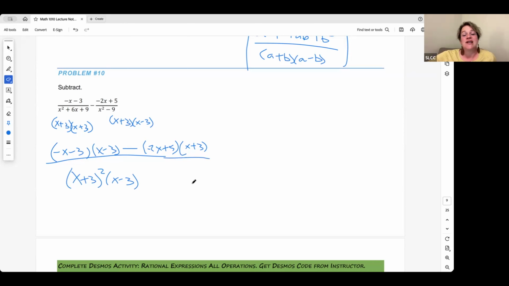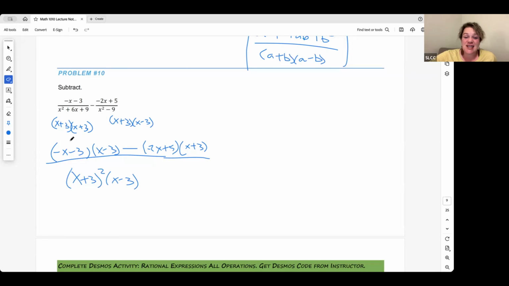Awesome. Now I need to distribute, including the negative, and combine like terms. I could also factor out a negative and make this x plus 3 if I wanted to, or I could distribute the negative, whatever you think is easier.